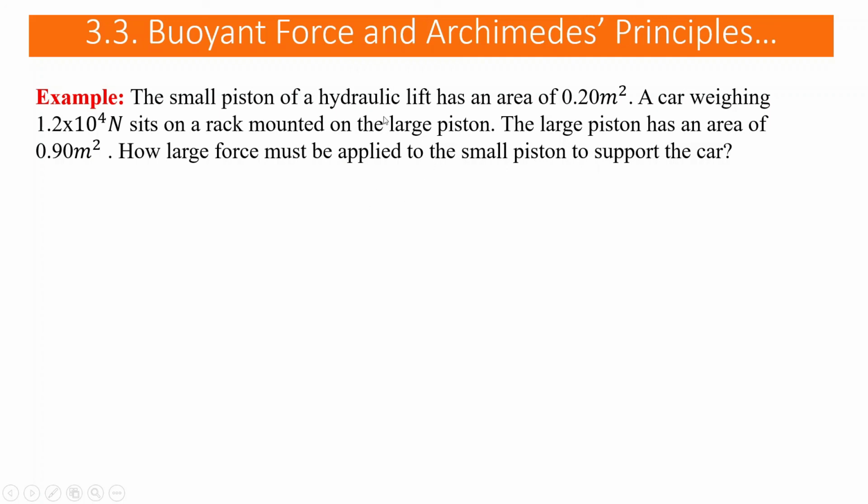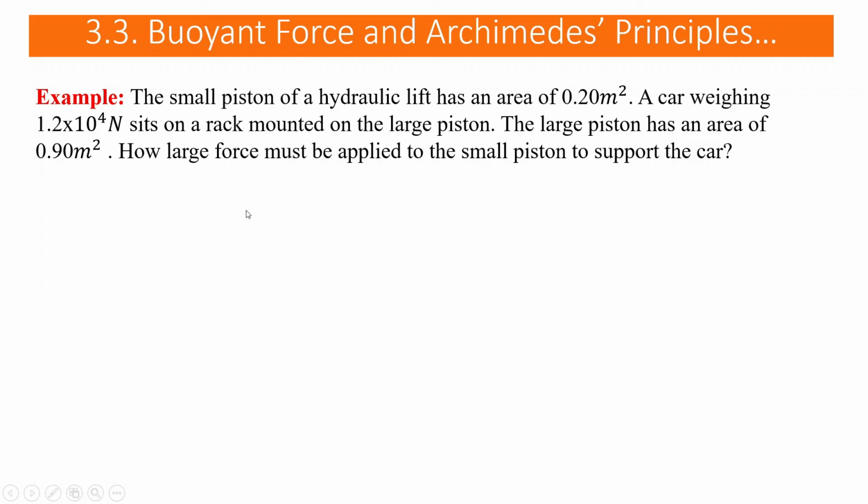As you have seen in the previous slide, F1 is the force that's applied in the smaller area, F2 is in the larger area. So this is the smaller area and this one is the larger area, and the car weight, which is considered to be F2, the larger load, is equal to 1.10 times 10 raised to 4. Therefore now we have to use F1 over A1 is equal to F2 over A2.